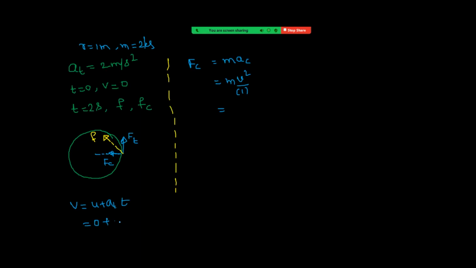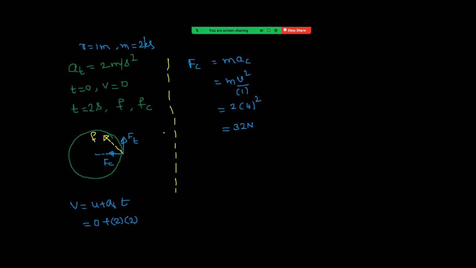AT value 2, asking at T equal 2 seconds. So V value 4. So mass is 2, V value 4. So 4 square 16, it is 32. That means centripetal force is now 32 Newton.